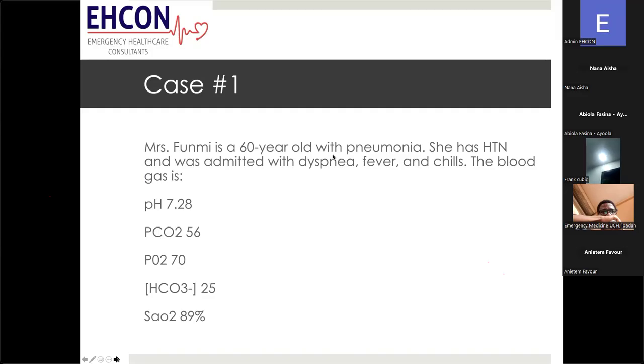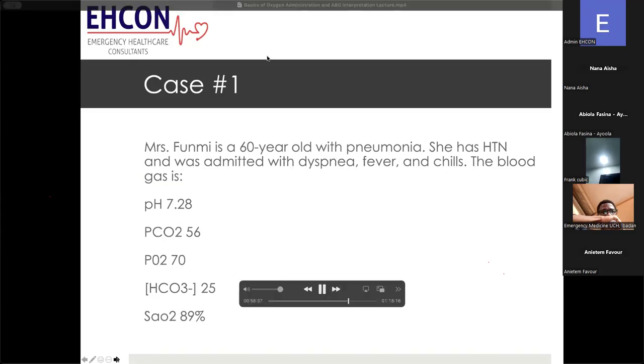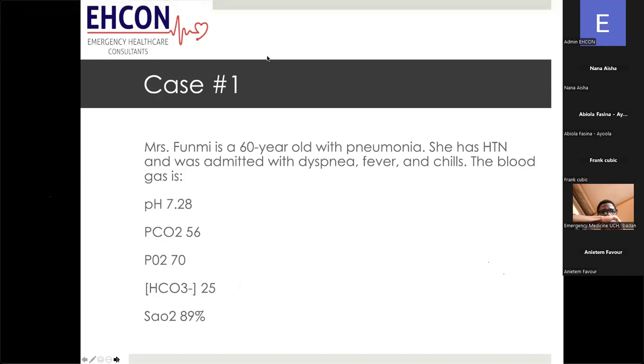If we add 3, we go up to 5.1. So we would have a change in our bicarb that would go anywhere from 21.1 to 27.1.